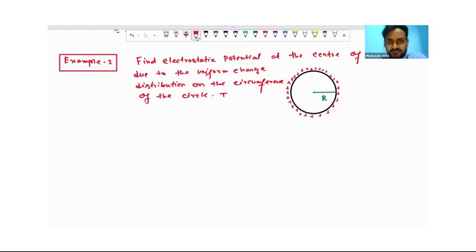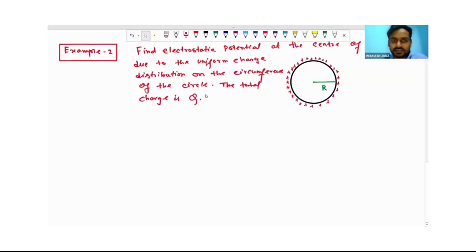Okay, let me give one more piece of information, that the total charge is capital Q.